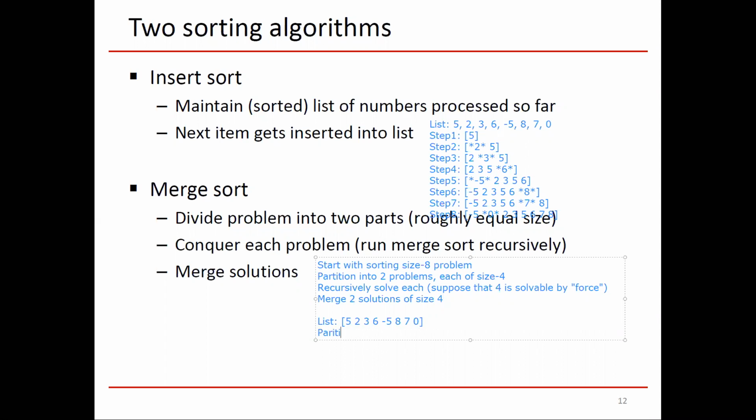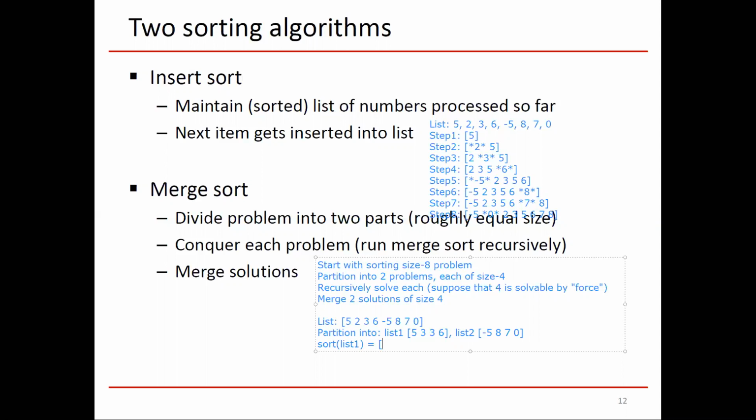We partition into list 1, which is 5, 2, 3, 6, and list 2, which is -5, 8, 7, 0. Sort of list 1, let's assume that this is fast.